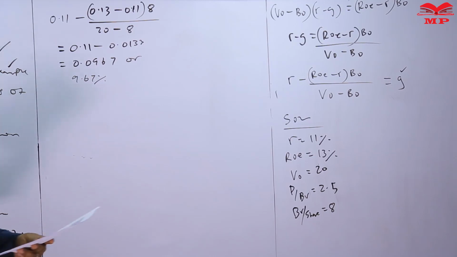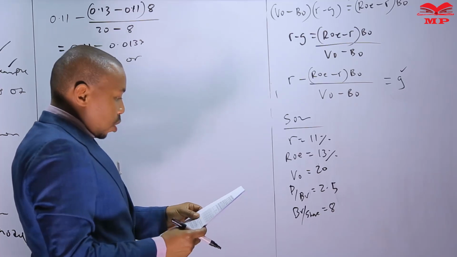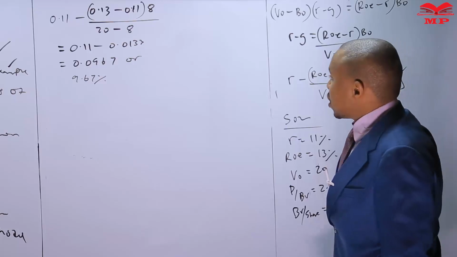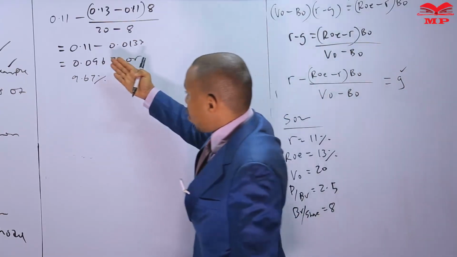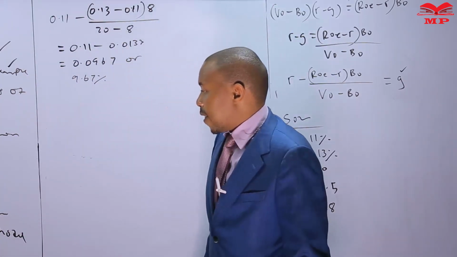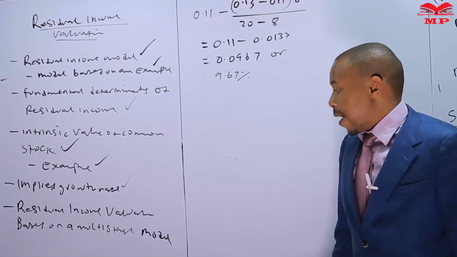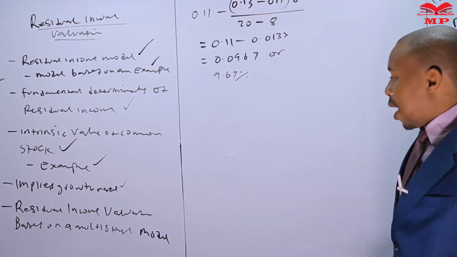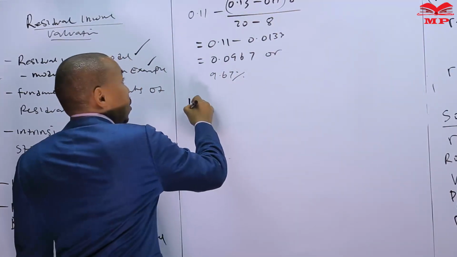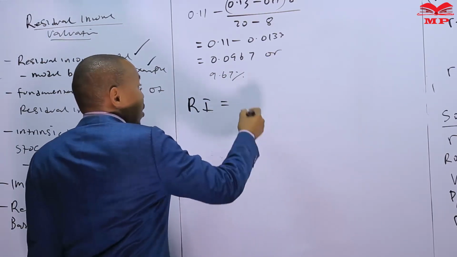Now, to conclude this second lecture, we are going to look at how to calculate the residual income based on the multi-stage model. Having built all of these concepts right up to the implied growth rate, we need to look at the residual income valuation based on a multi-stage model. The residual income is given as the present value.